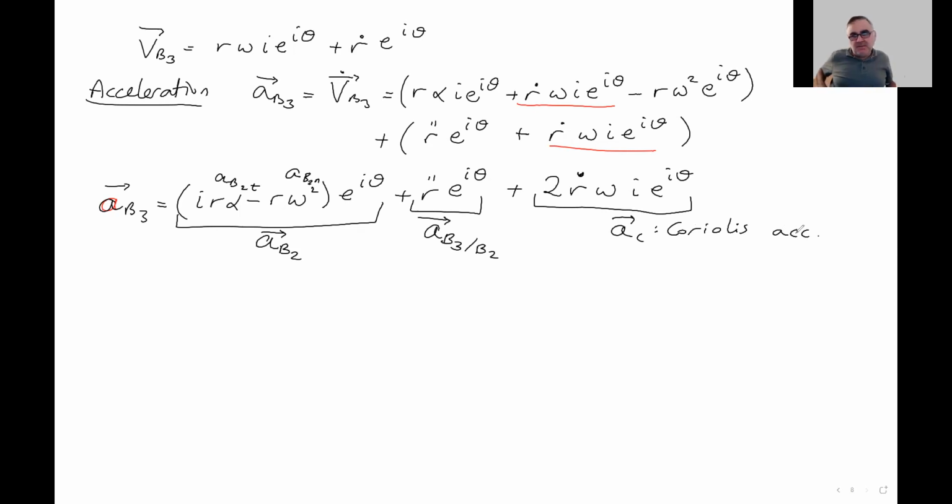Now the Coriolis acceleration occurs when you have an object that translates with respect to a rotating frame of reference, and it is expressed in the rotating frame of reference. Let me draw this again. Let's say that we have it like this.